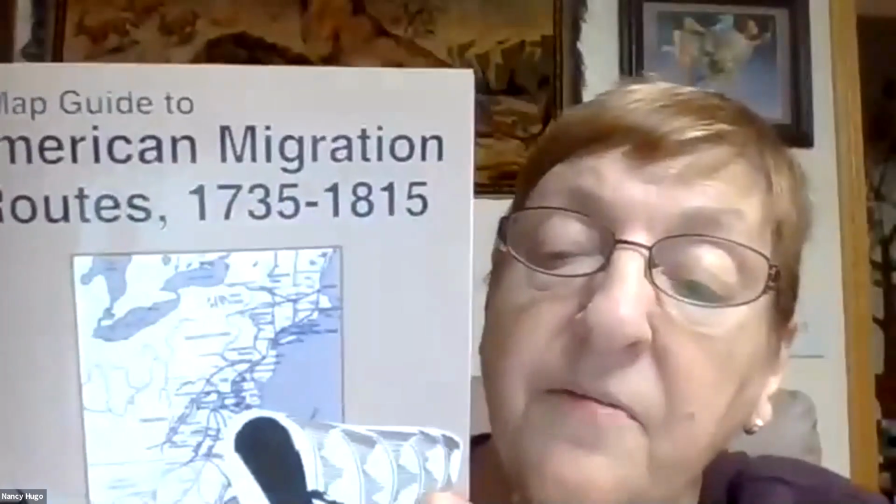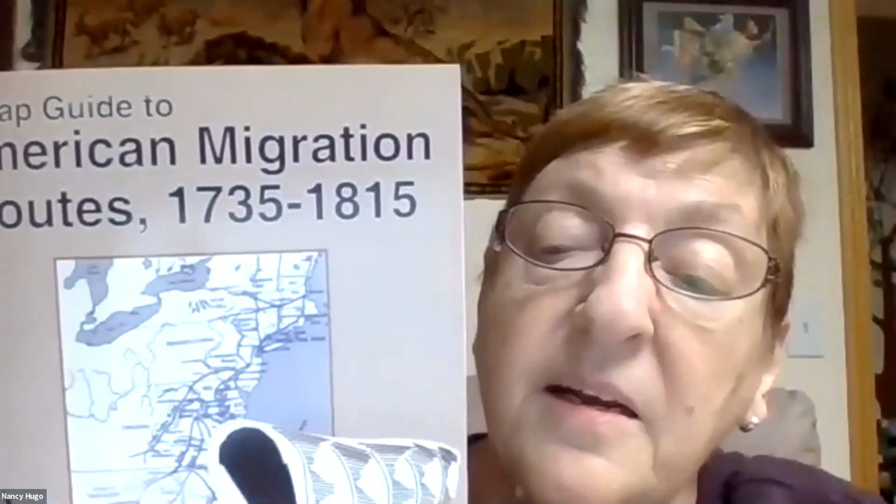So let's talk a little bit about the history of, I'm wondering if you can tell me what the years were, American migration up to what year? 1735 to 1815.